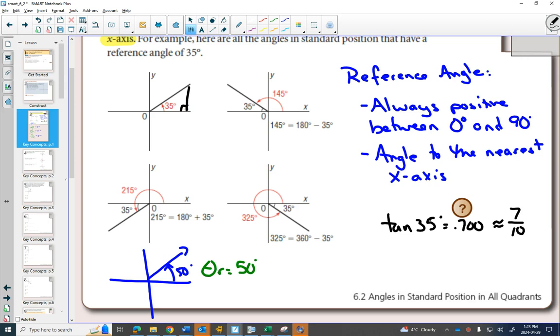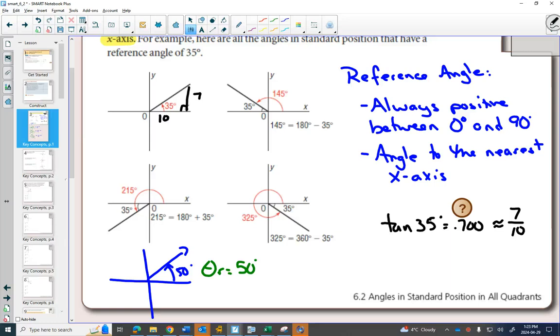What that means is that wherever I draw this line to make a triangle, the ratio of the opposite side over the adjacent has to be equivalent to 7 out of 10. So I might have drawn it that it was exactly 7 out of 10. It could be 70 out of 100, make a much bigger triangle.